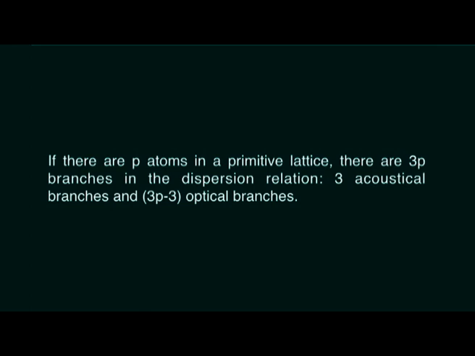So, of these 3p branches, how many are acoustical and how many optical? Of the 3p branches, there will be 3 acoustical branches and there will be 3p minus 3 optical branches, right. And this equation is more valid for the 3 dimensional lattices.